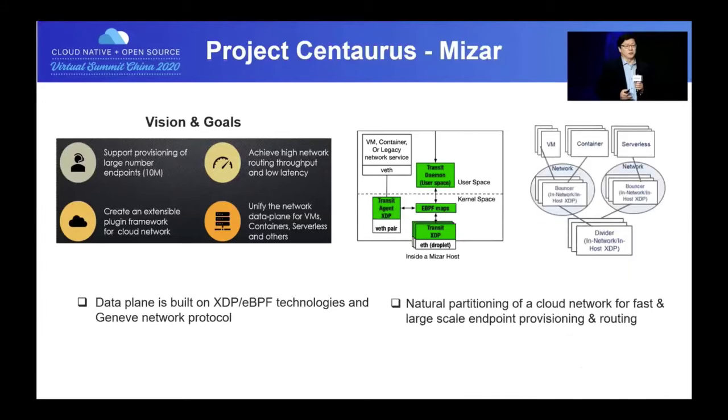Mizar uses the natural partitioning of a cloud network, such as VPC and subnet, to scale network endpoint provisioning for tenant VMs or containers, as well as for fast network forwarding. The Mizar management plane runs within Kubernetes and uses the Kubernetes CRD and operator framework to manage virtual networks and network packet routing policies.